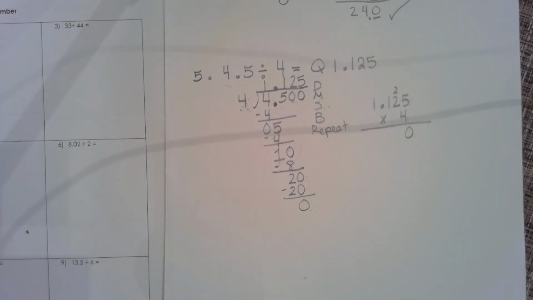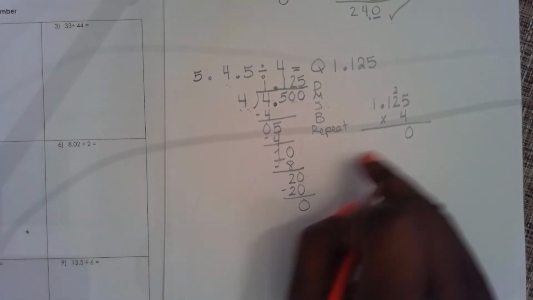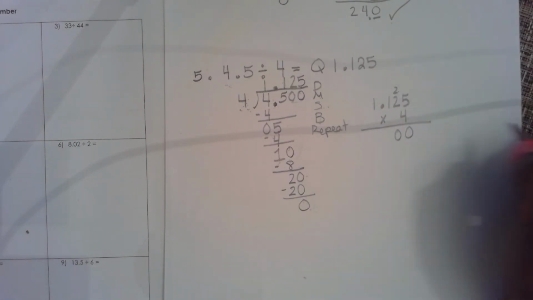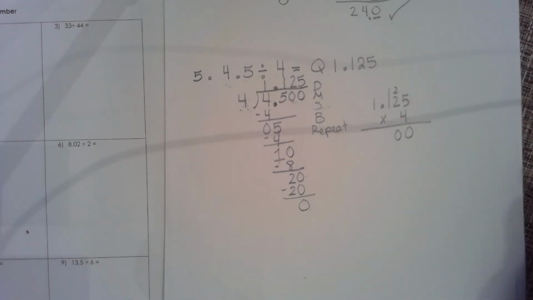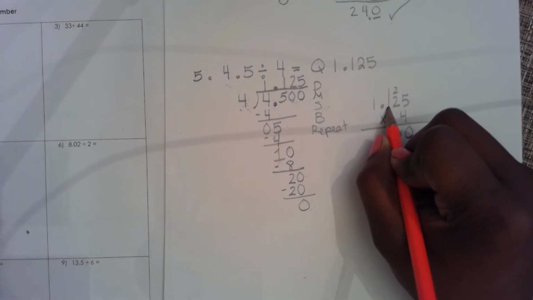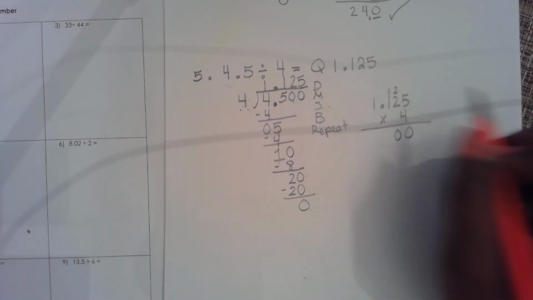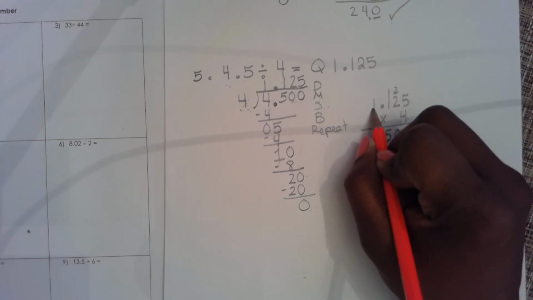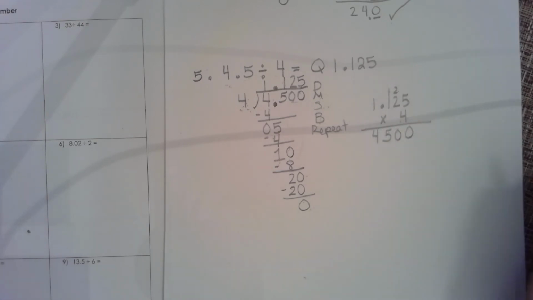Carry the 2. 4 times 2 is 8. 8 plus 2 is 10. Carry the 1. 4 times 1 is 4, plus 1 is 5, and 4 times 1 is 4.